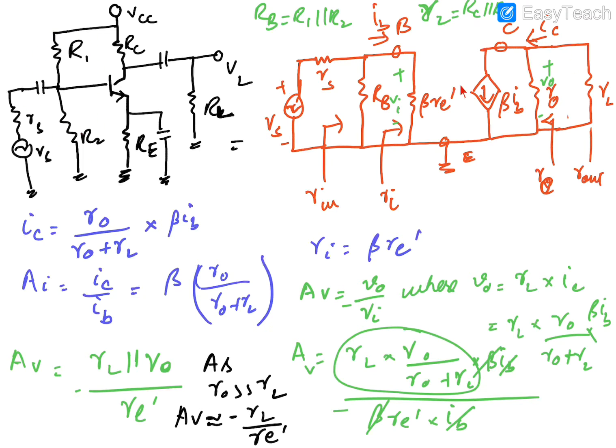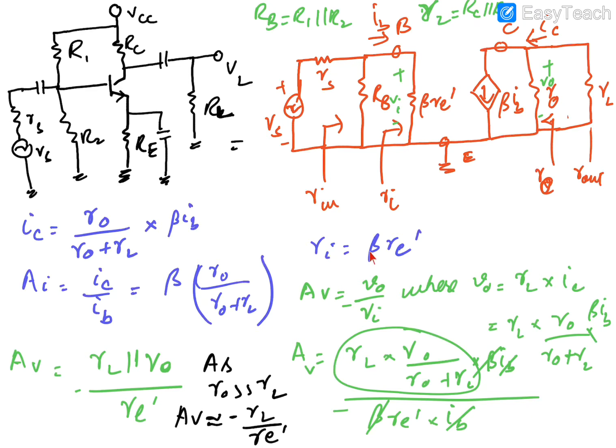On the output side, there is a dependent source beta IB, which is basically equal to IC, and a parallel resistance R naught is connected, and in parallel with R naught is RL. RL is equal to parallel combination of load resistance and RC. So from here we can find the value of current and voltage gains.